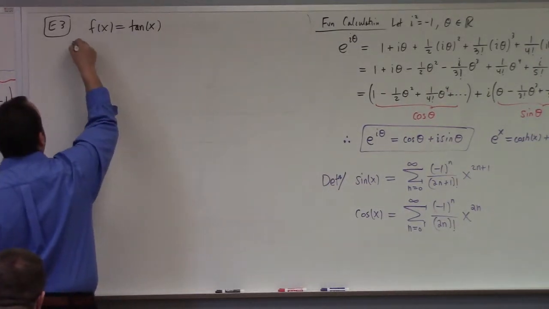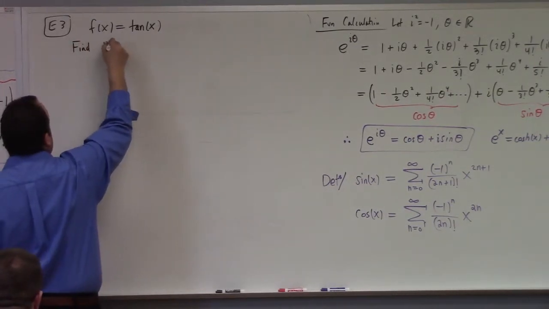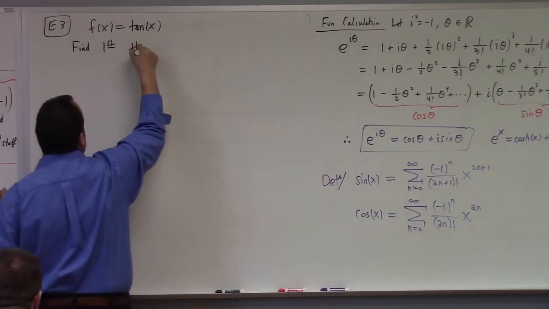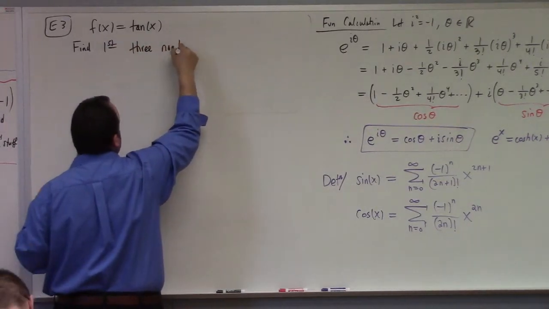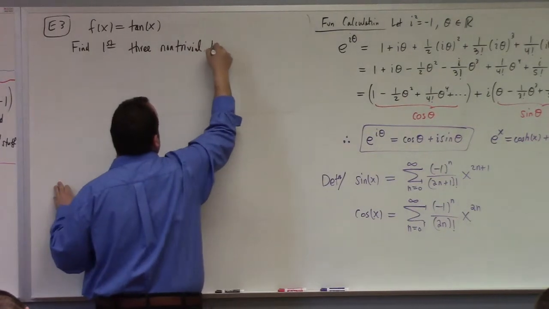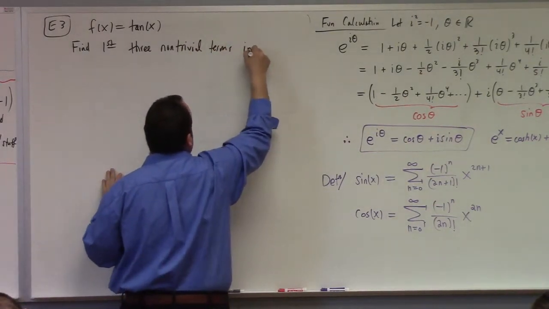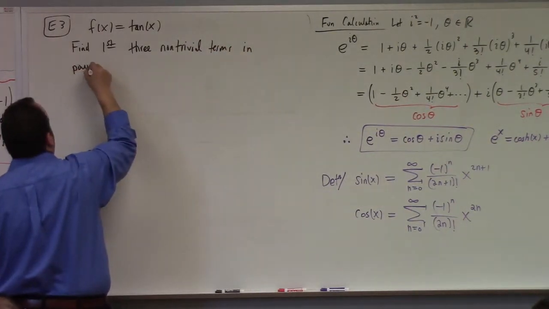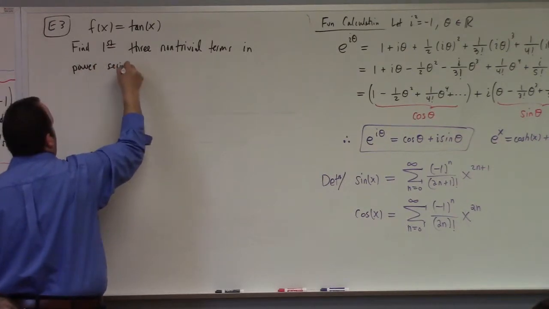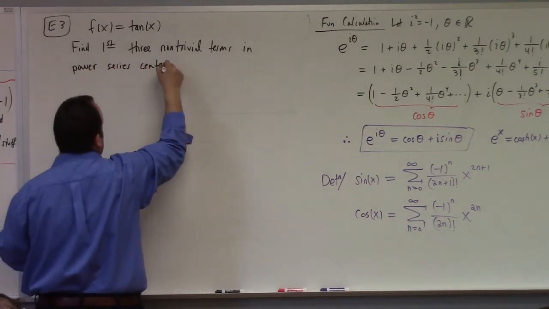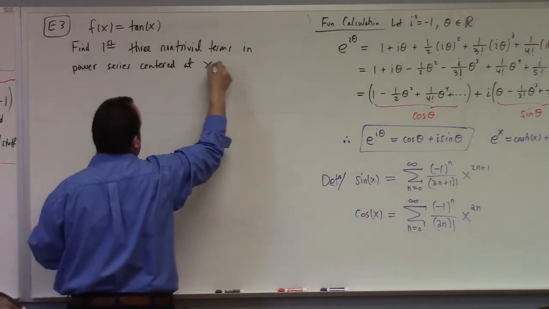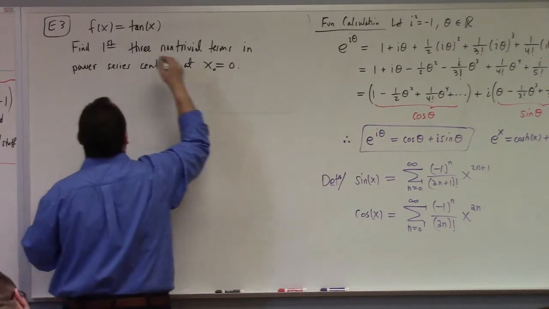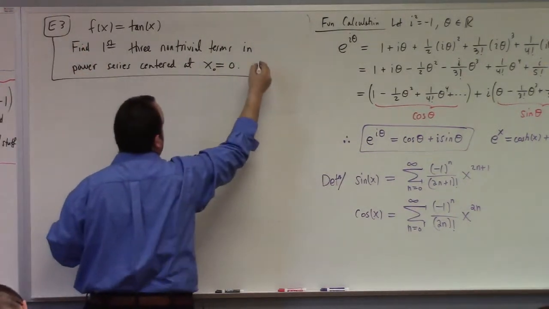We're going to find first 3 non-trivial terms in power series centered at x equals to 0. We're going to do it in 2 ways.